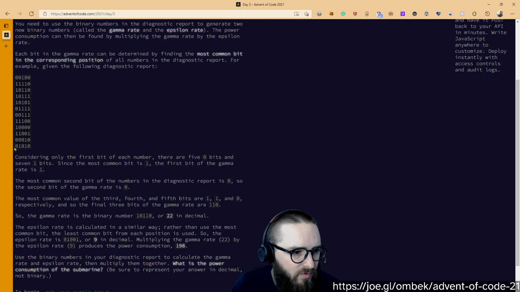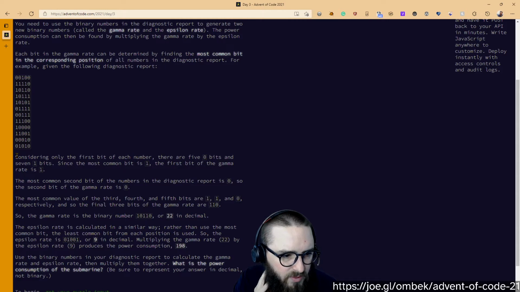So this is the first bit. The most common second bit of the numbers in the diagnostic report is 0, so the second bit of the gamma rate is 0. The most common value of the third, fourth, and fifth bits are 1, 1, and 0, respectively. So the final 3 bits of the gamma rate are 1, 1, 0.